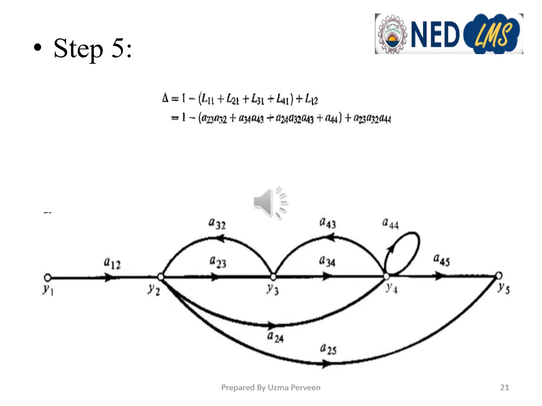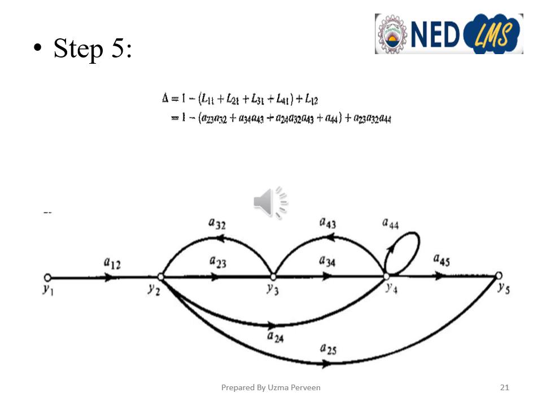We have already calculated the things required to calculate del. So first we'll write the formula: del equals 1 minus summation Pj1 plus summation Pj2 minus summation Pj3, and we extend the formula in the form of loops. So del equals 1 minus L11 plus L21 plus L31 plus L41, as we have four single loops here.